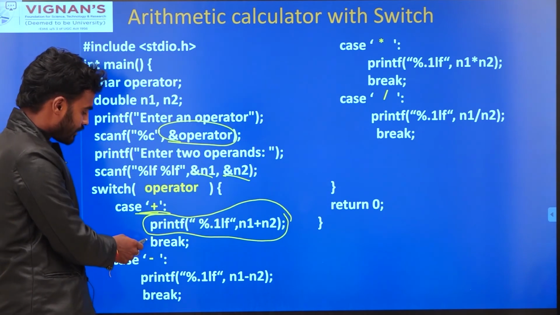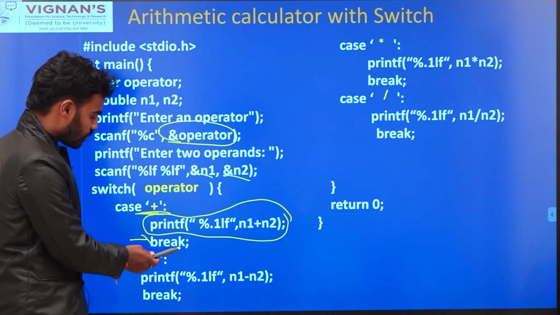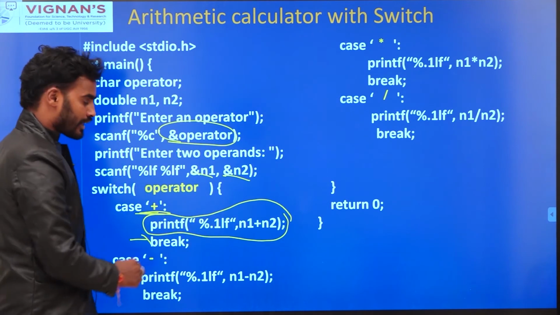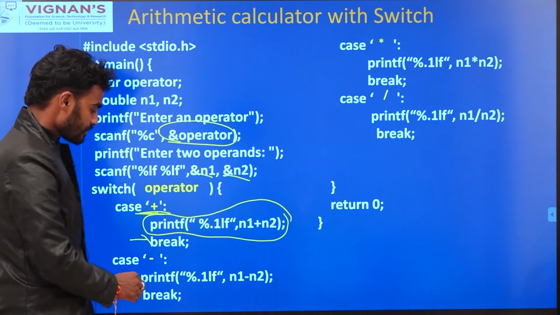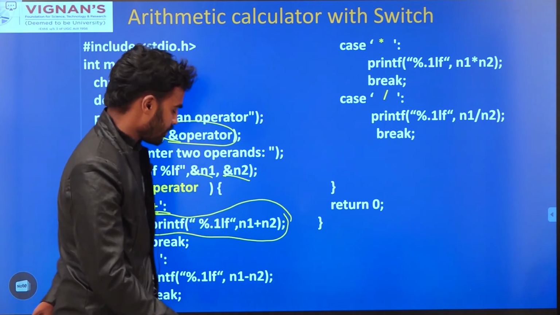What this break statement will do is make the compiler come out of the switch case. After executing the statement under plus, the remaining labels will be skipped. It is possible because of the break statement.